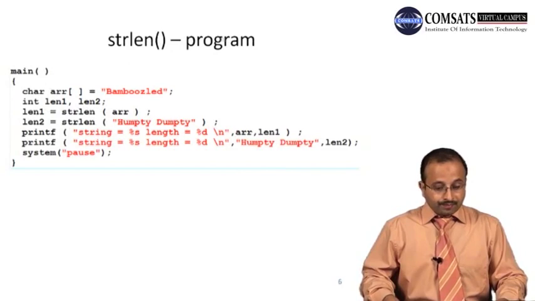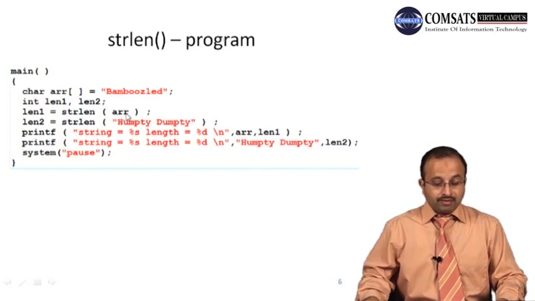Okay, this is the program. We have a character array, first a character array or a string ARR, and we initialize it with characters. Then we have len1, len2, and then we call the function string length with ARR.